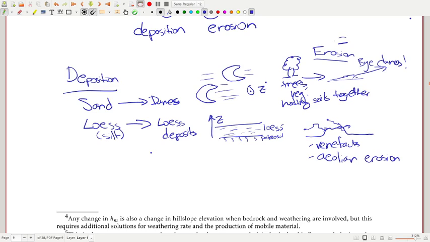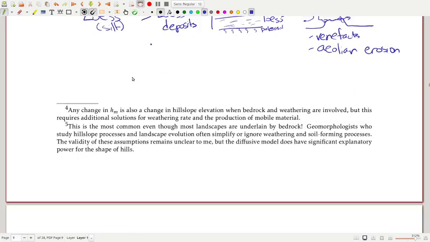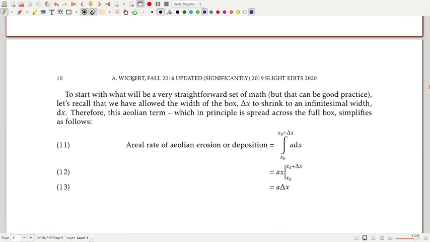And so this erosion is going to be taking stuff away, and this deposition is going to be adding material. So if we think back up to this box that we drew, so we had a box here on the hillside, and this was going from x naught to x naught plus delta x, and there is some sort of rate of Aeolian deposition.